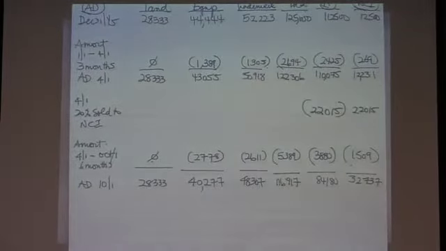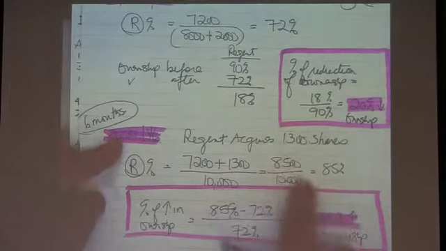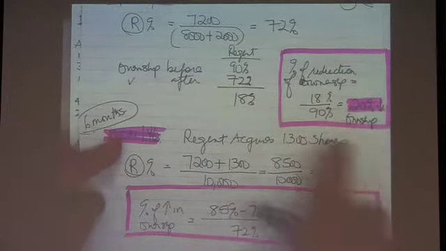Okay. So now we need to amortize on October 1st. So what happened on October 1st? We acquired 1,300 shares, so our ownership went up to 85%.